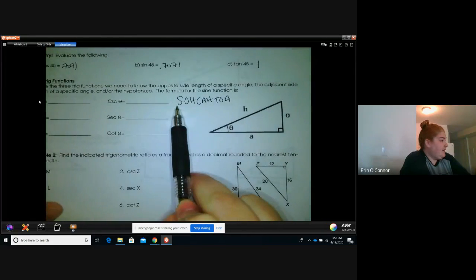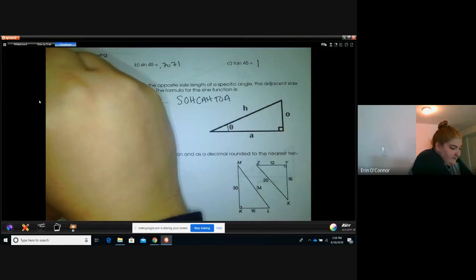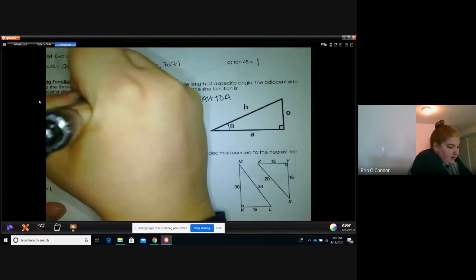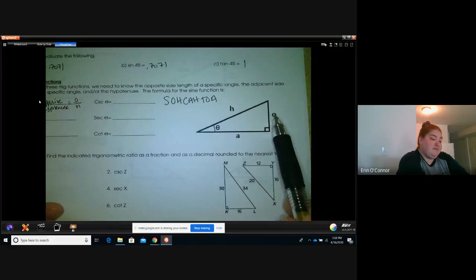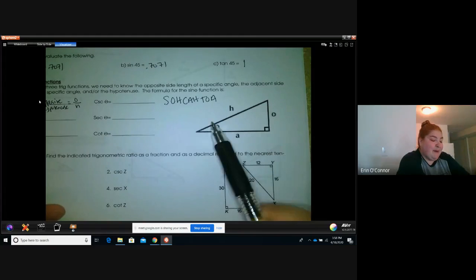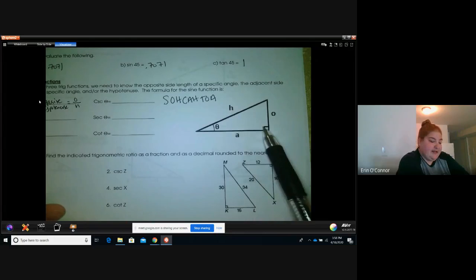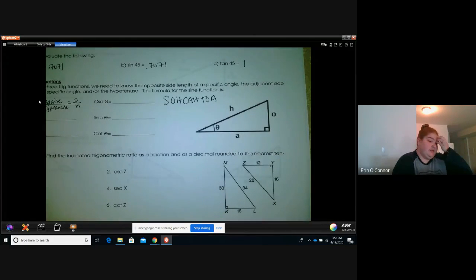So sine is opposite over hypotenuse, or O over H. Now, the opposite is the opposite side length across from the angle. So we always go across from the angle for opposite. Hypotenuse is always across from the 90-degree angle. And then the adjacent is next to the angle, not including the hypotenuse.